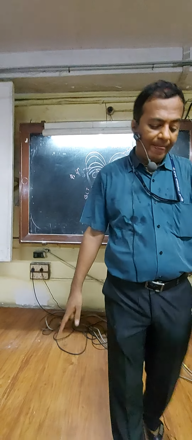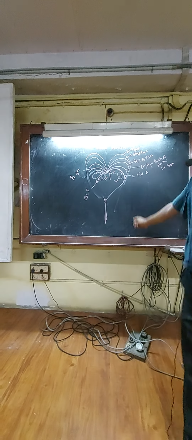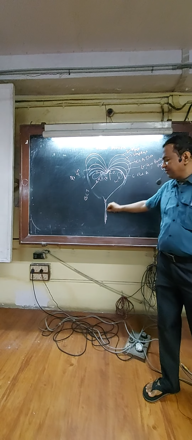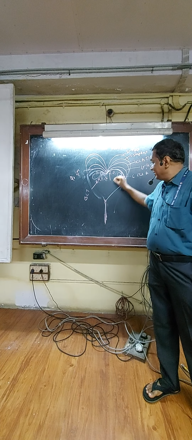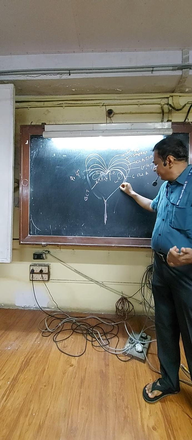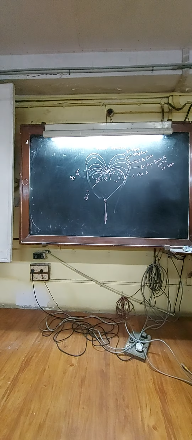Okay. So this is about the embryology. So the descending aorta is formed by the left side dorsal aorta, and then lower down the abdominal aorta.